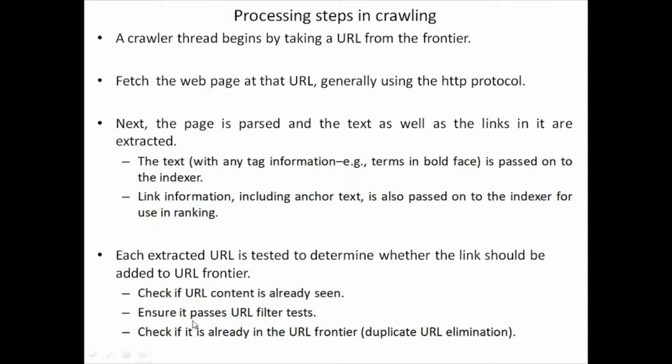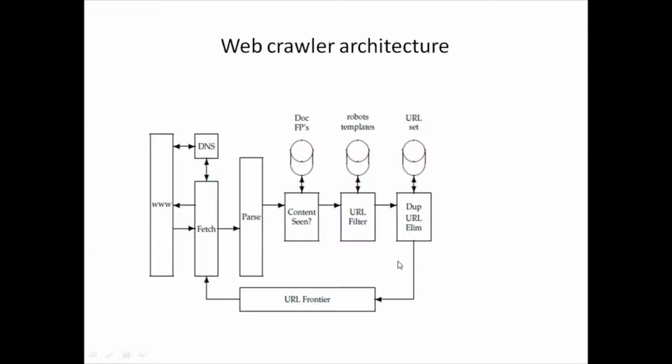Then ensure it passes the URL filter tests, such as whether we have to exclude web pages from certain domains, or whether it satisfies the robots exclusion protocol, etc. Then check if it is already in the URL frontier, where we perform duplicate URL elimination. So this is going to be done by the content seen module, URL filter module, and duplicate URL elimination module.